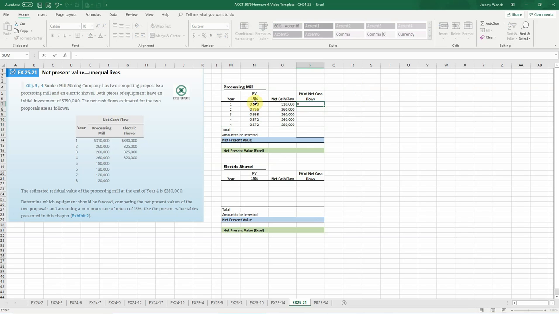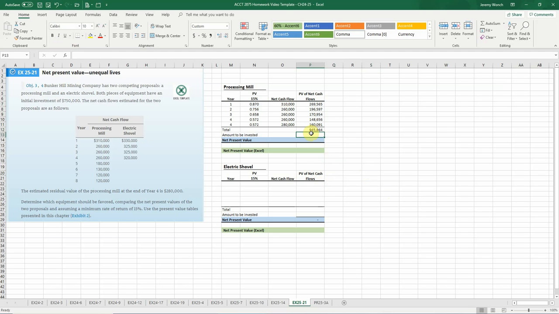Now we can figure out the present value of the cash flow, so we just multiply our factor times the cash flow for each year. And that will give us net cash flows of $945,864.